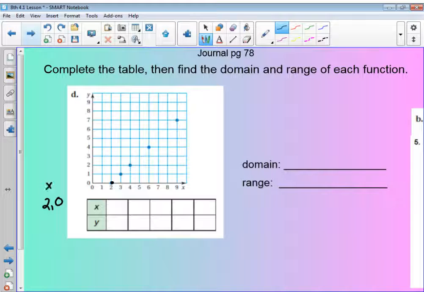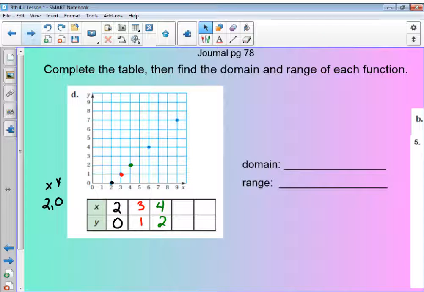So this is my X, this is my Y. So it's actually going to be 2 with a 0 on the bottom because of the way they set up this table, okay? My next dot over is over to 3 and then up to 1. Okay, the next one is over to 4, up to 2.